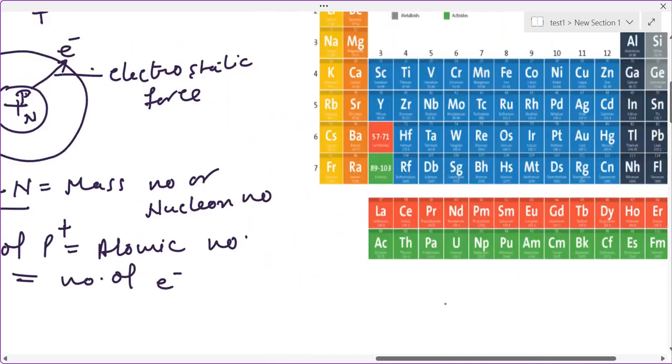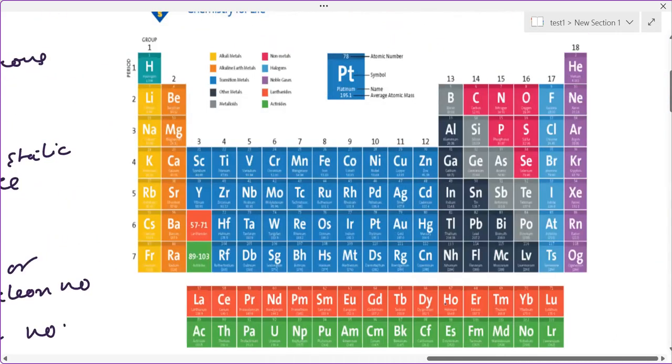Okay. When we look inside the periodic table, we can see there are 118 elements. We have 118 to 120 elements, and these elements are arranged in a shelf-like structure, and this structure is called the periodic table, right? So here we can see certain groups and periods.